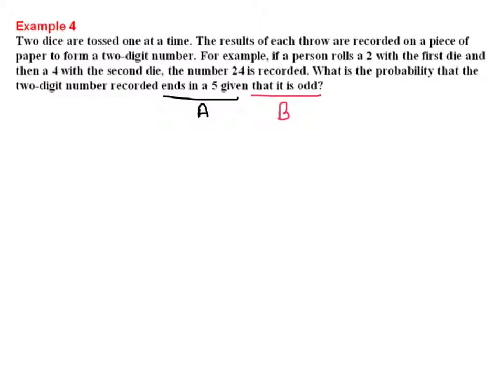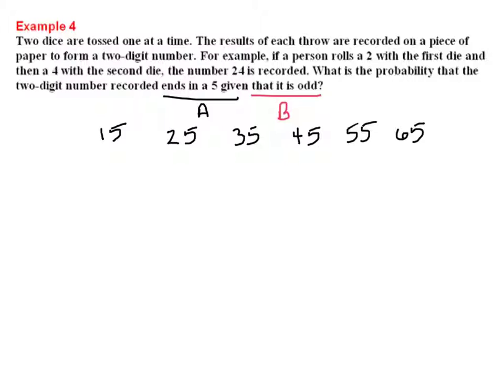Now this is an interesting situation because all the possibilities where it ends in a 5, such as 1, 5, 15, 2 with a 5, 25, 3 with a 5, which is 35, obviously, 4, 5, 5, 5, and 6, 5. Those are all odd numbers.